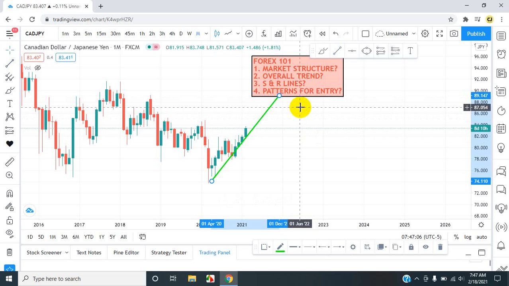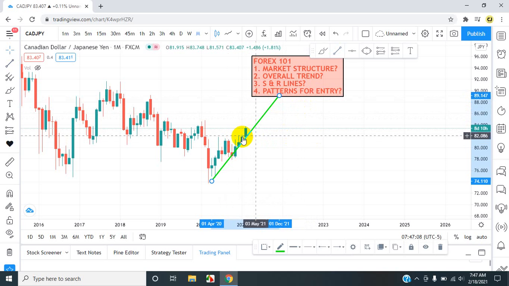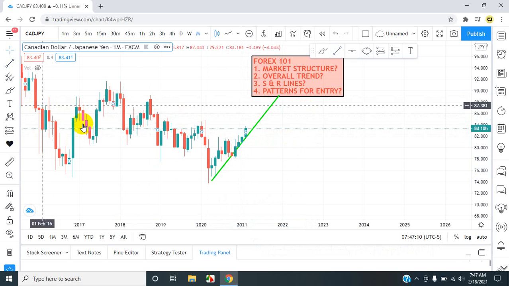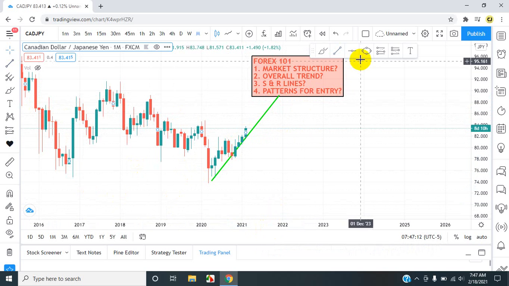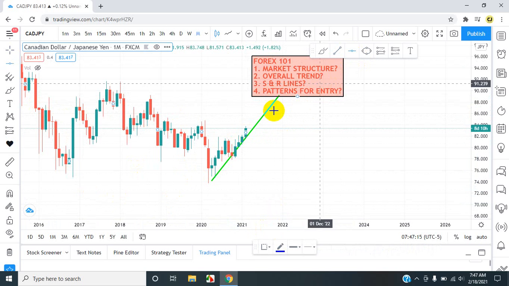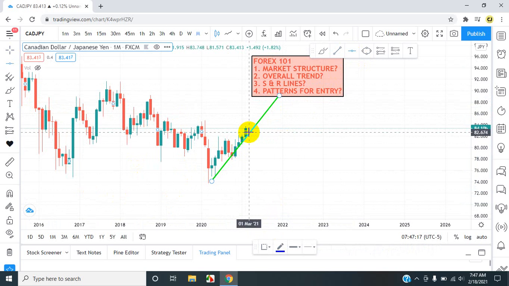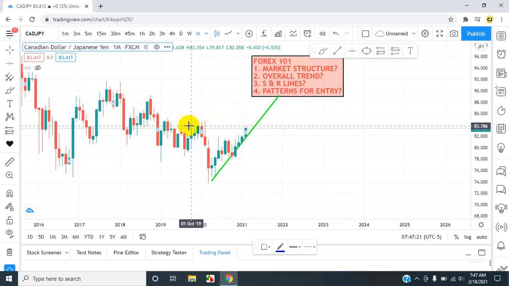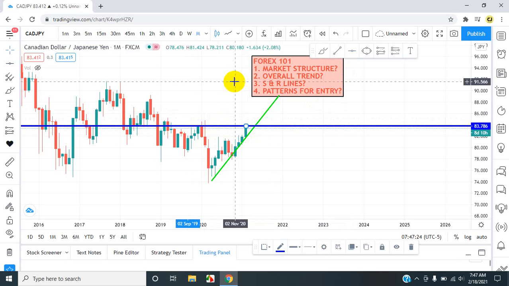Number 3 will be SR lines. So let's figure out the SR lines on CAD JPY on the monthly time frame first. So let's see what's going on. Here is the last candle, which is price action, and we're looking for price to break this area here to go further up.